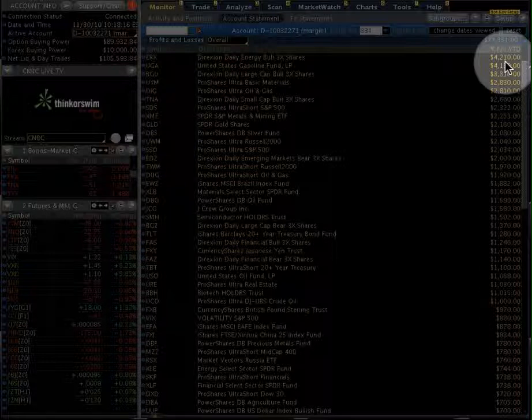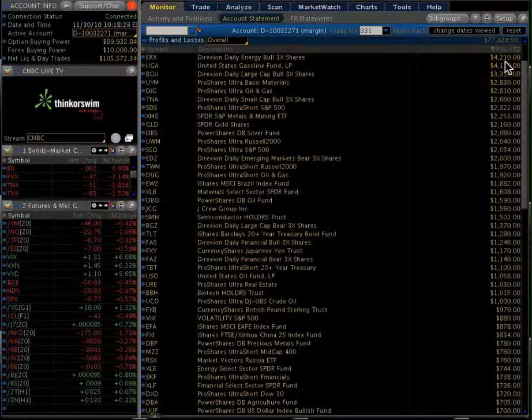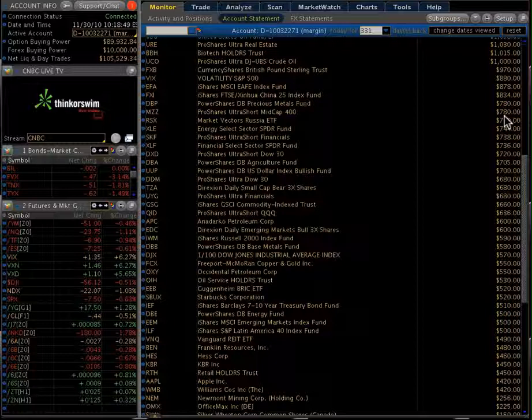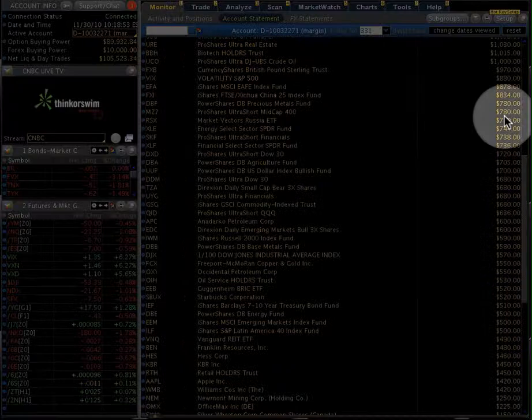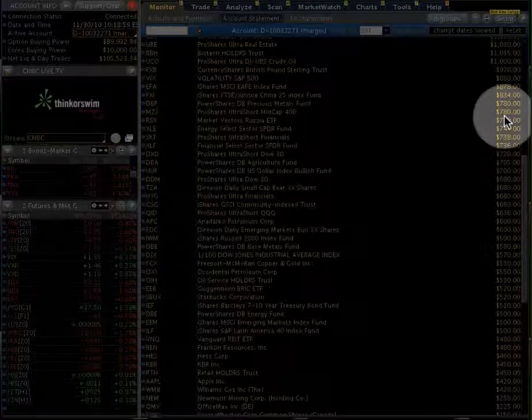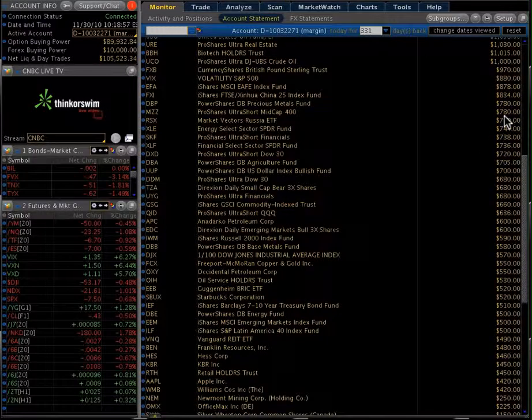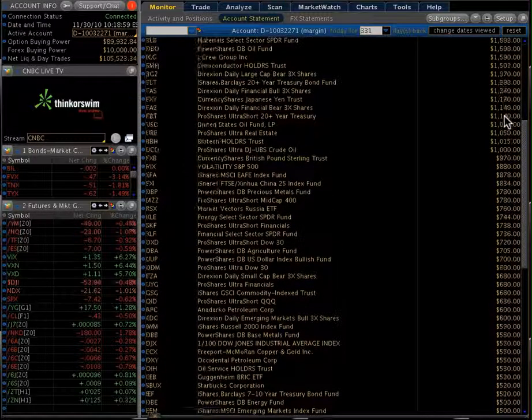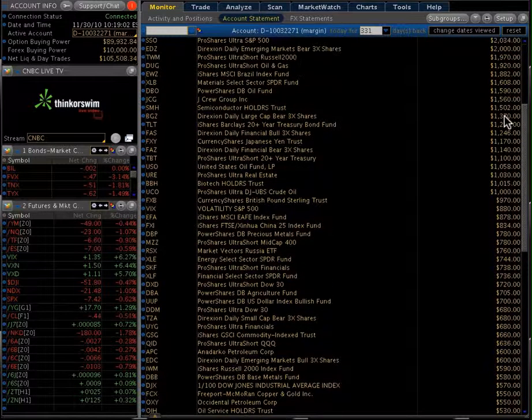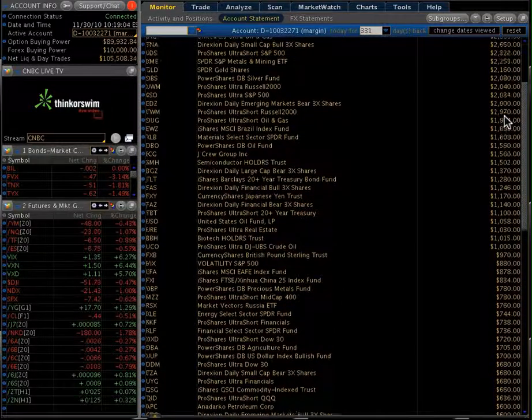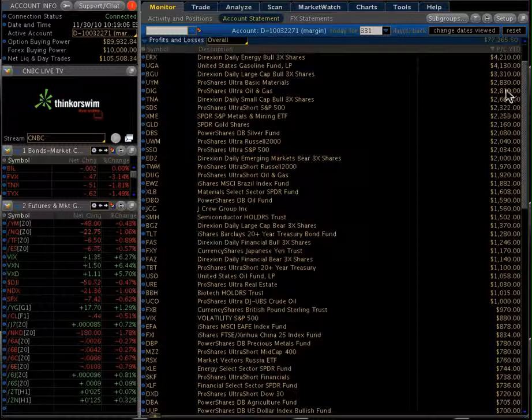The largest winner in this case is 4,210. Above the value of the largest loser, that being 770, there are many more winners, and the winners are progressively much larger in their profit value.